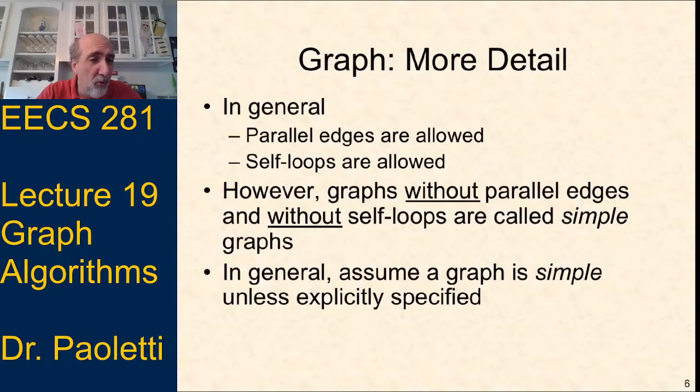You've only got 4 vertices, but I can have an infinite number of edges going from A to B. So then the complexity is infinite on a graph with only 4 vertices. So that's why, in general, when we say graph, we mean a simple graph, so that we can get a better limit on the number of edges.